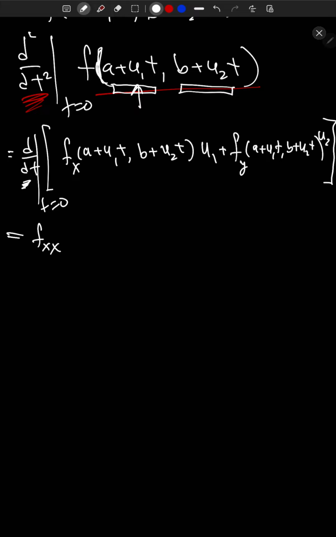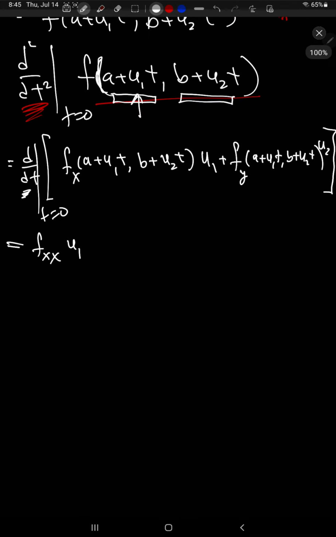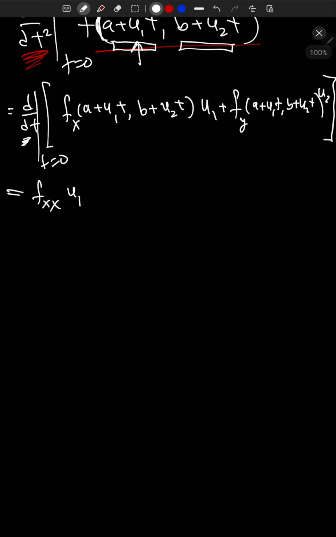The u1 just carries over because it's just a constant. And then times dx dt. It's a derivative of this with respect to x, which is fxx u1, and then times dx dt, which again is u1. So this is u1 squared here.